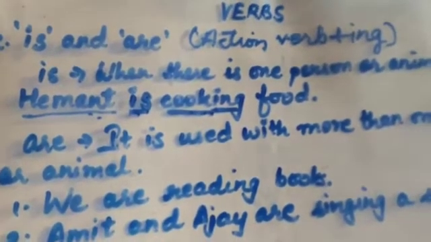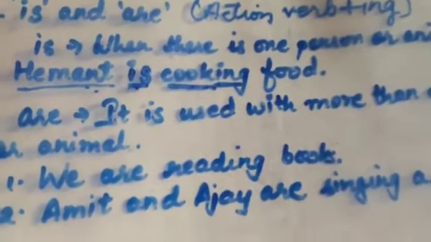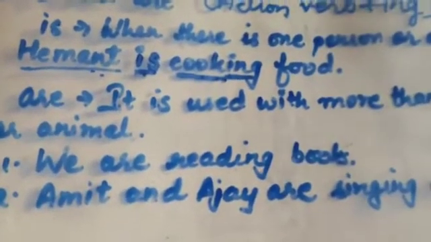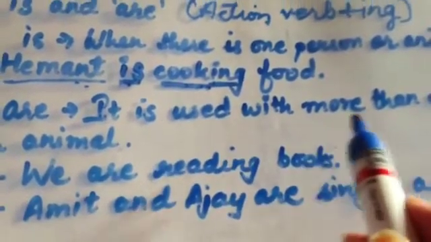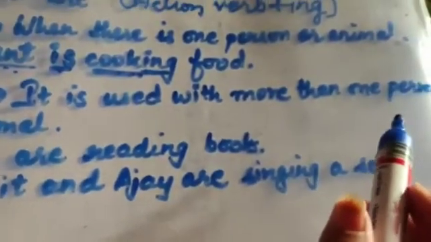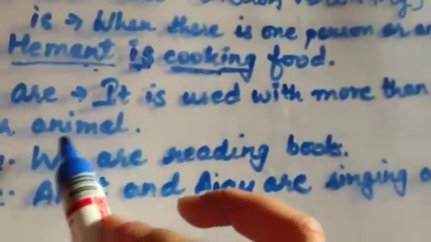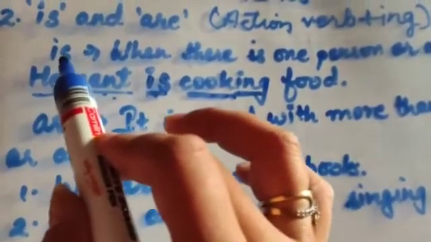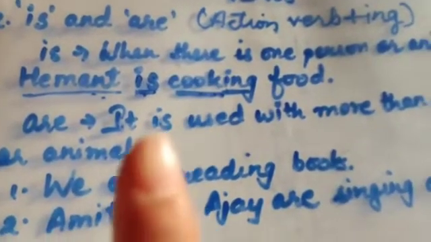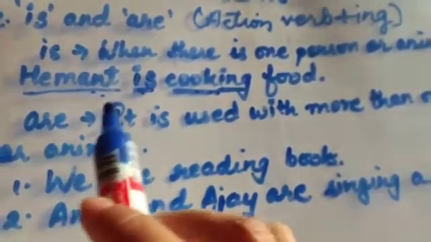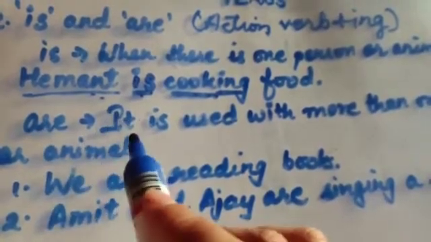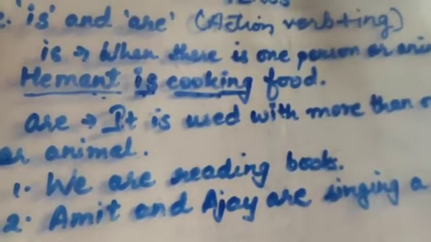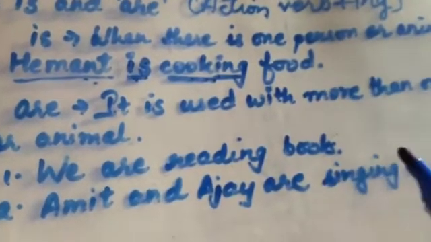At that time this action is happening. Okay. Now the next is are. So it is used with more than one person or animal. So I told you is is used with how many persons? One person. Okay. So are is used when there are more than one person or more than one animal.